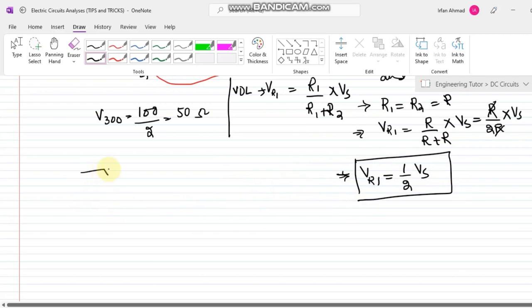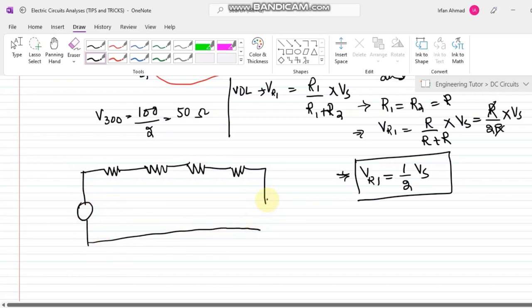Similarly, if we have more than 2 resistors, how do we find the voltage here, with resistors of equal value? So if here we have R1, R2, R3, R4, and this is the V of S, what will be the value of this V3?